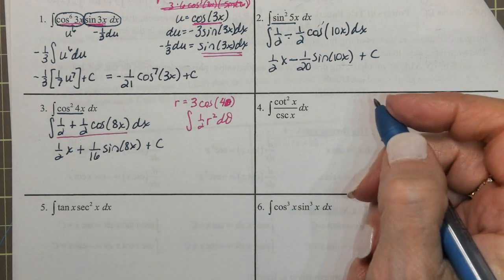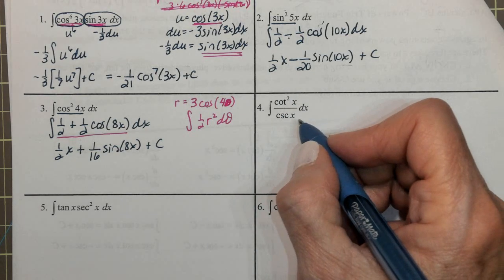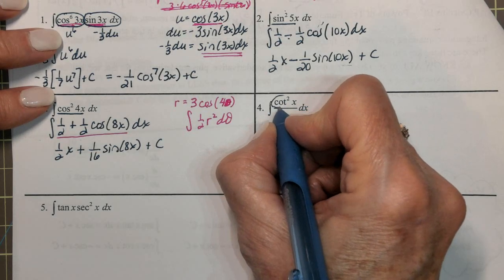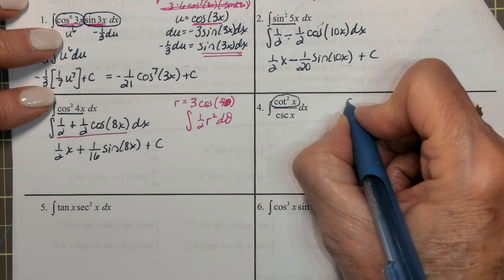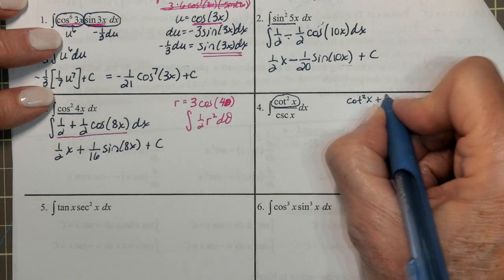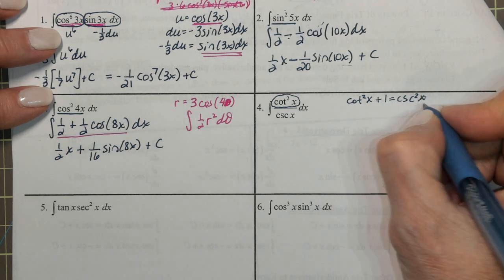Okay, so what to do? We could change it all to sines and cosines. We could use an identity, because as soon as I see a cotangent squared, I know that I could use the identity that says cotangent squared plus 1 is cosecant squared. That's one of those Pythagorean identities.